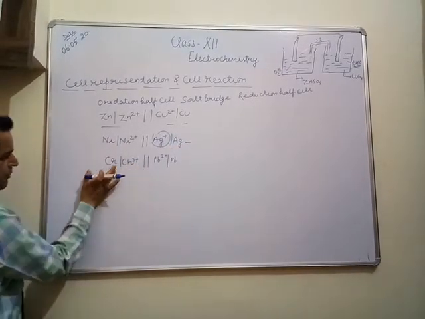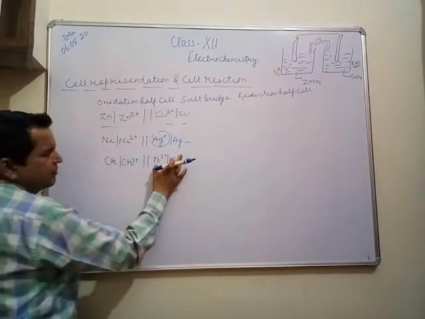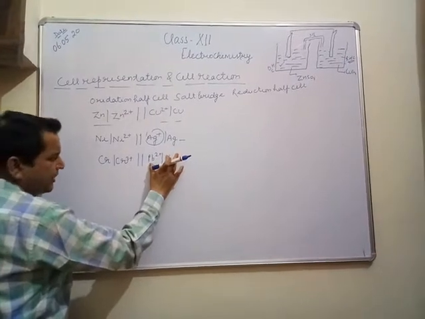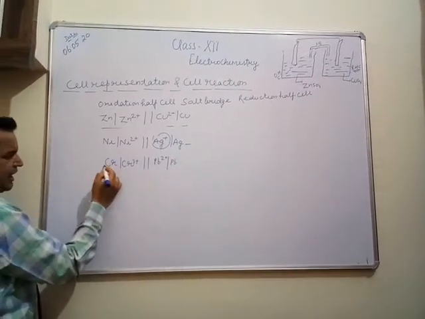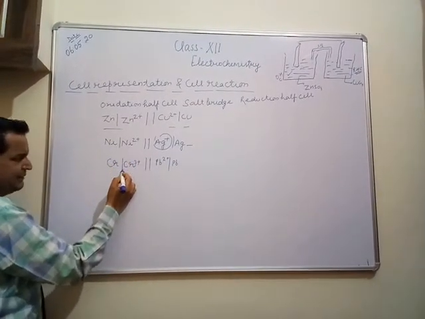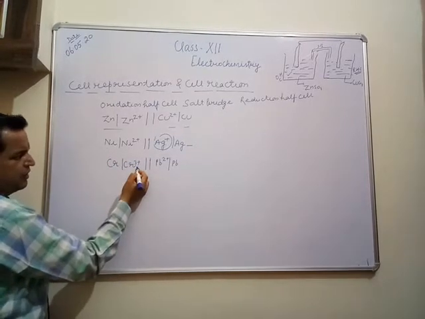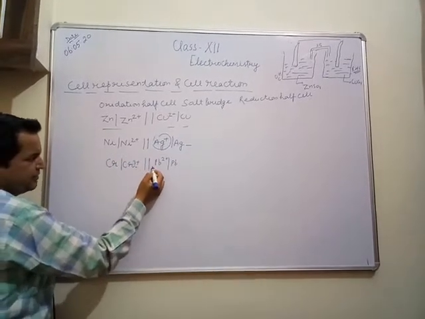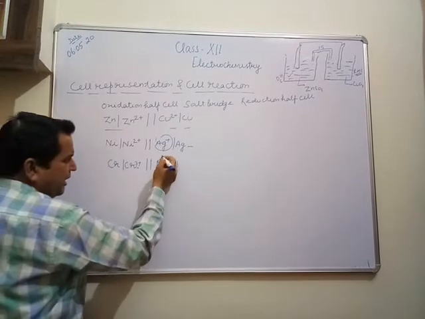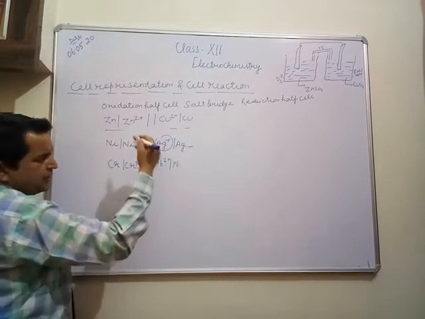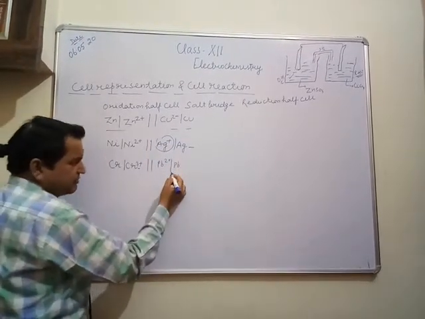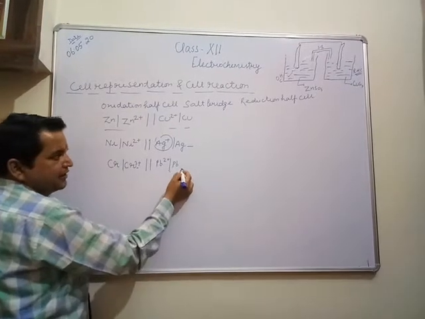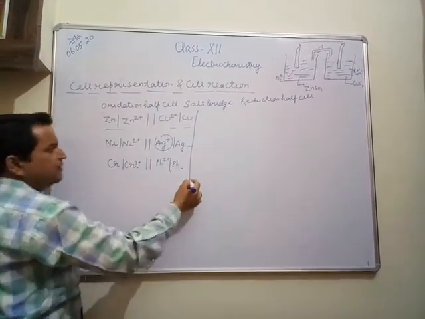Means the oxidation part will be on this side and the reduction part on that side. Means the particular atom which is getting oxidized, then one slash line, and the ion into which it is oxidizing. Then after the salt bridge, the ion which is getting reduced, then a slant line, then after that the atom. This is called cell representation.